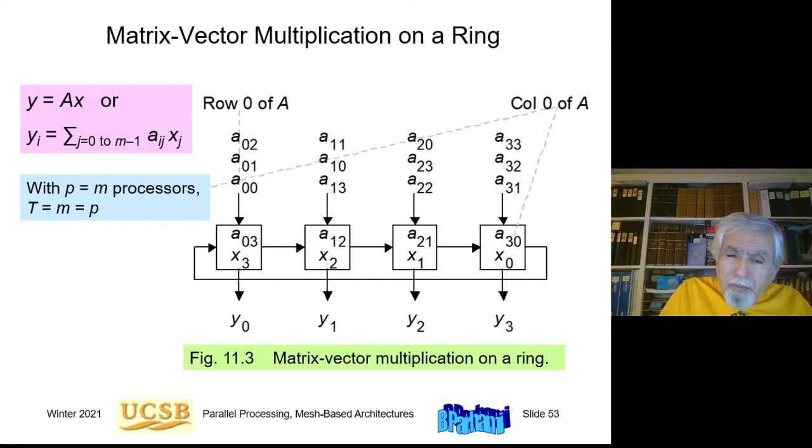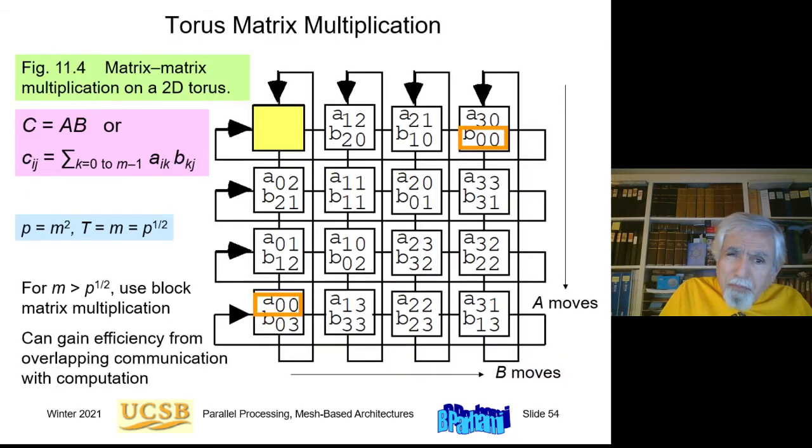We can use that idea to multiply two matrices that are already stored in the processors, in the cells of a 2D mesh.